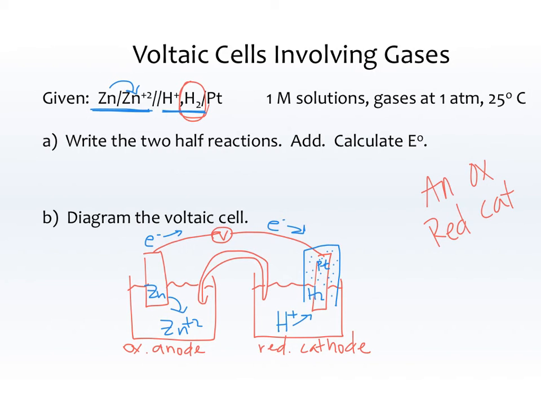So we're going to write the two half reactions. Over on the left, we have zinc turning into zinc plus 2. I got that straight from this line notation. I need 2 electrons on the right-hand side. Then the other one, we've got H plus turning into H2.